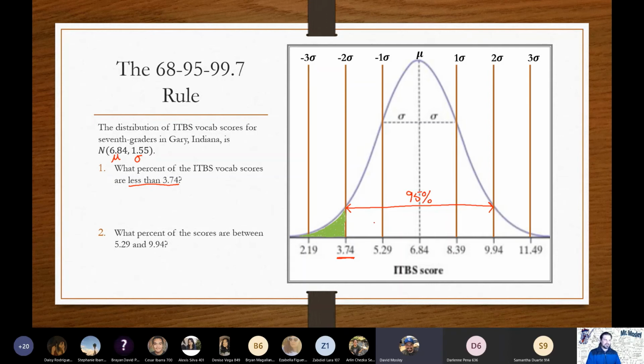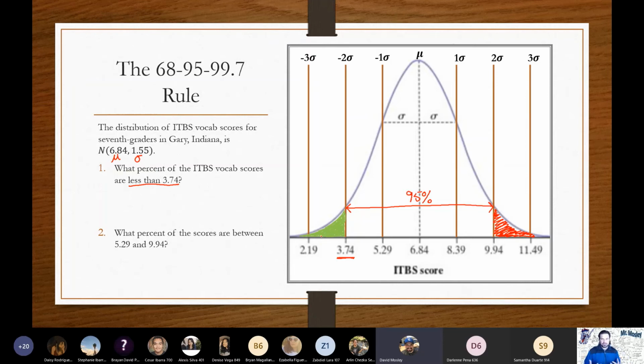That means that I have 5% of my data between the 2 sides. So if I have the other side over here that's not part of the 95%, and the green area that I want is also part of the 5%, but not the 95.